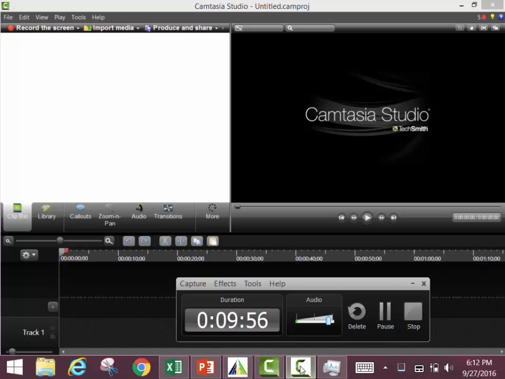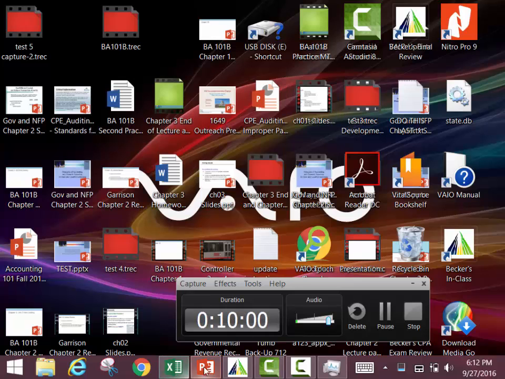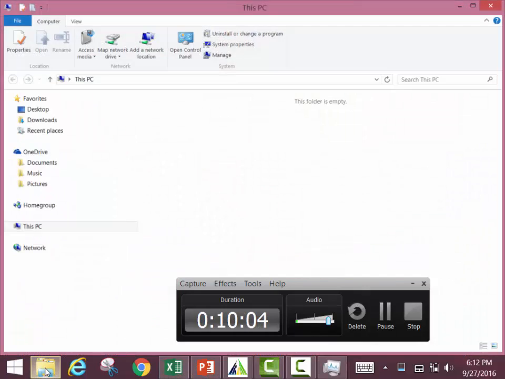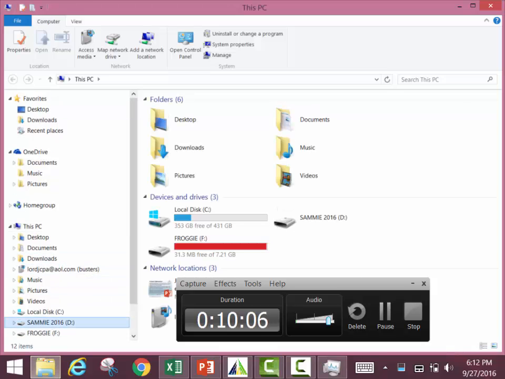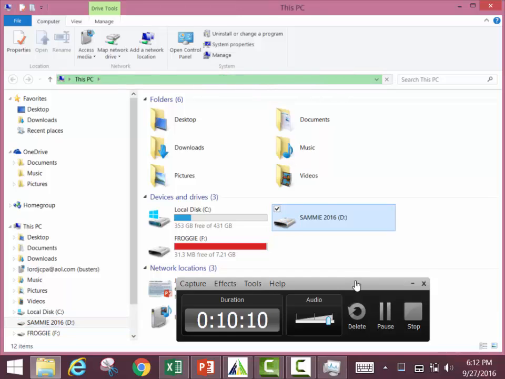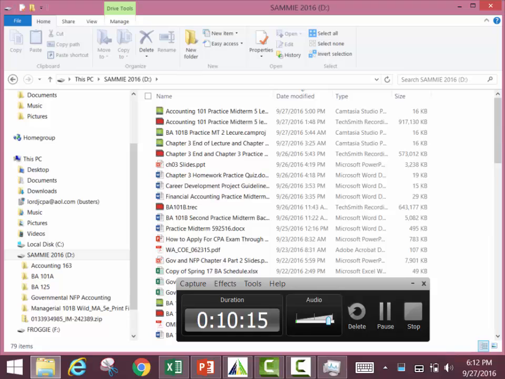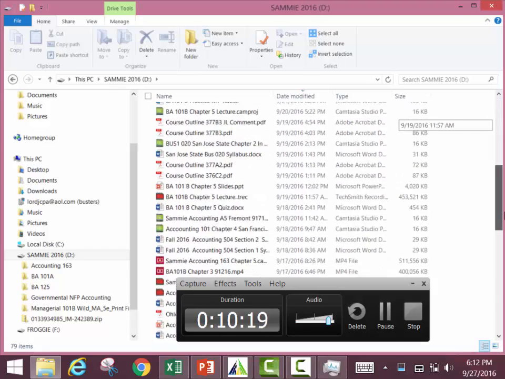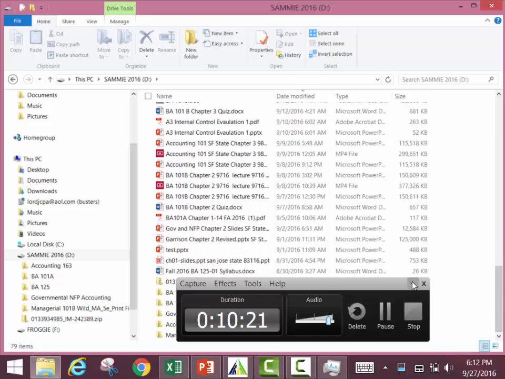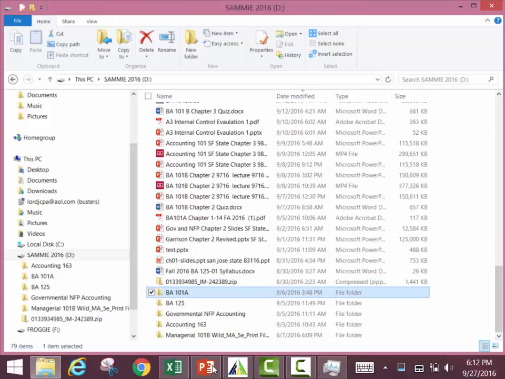Looks like this thing is still working, so we're good there. So now we just got to open up the file again, which that file is sitting on Sammy. We're looking for BA 101A.